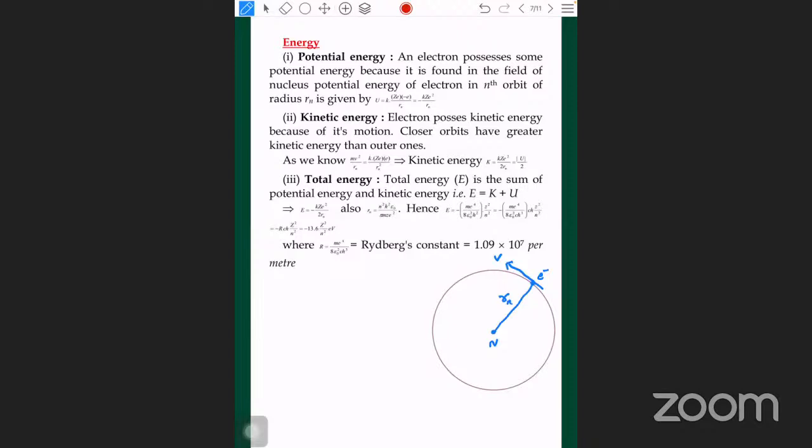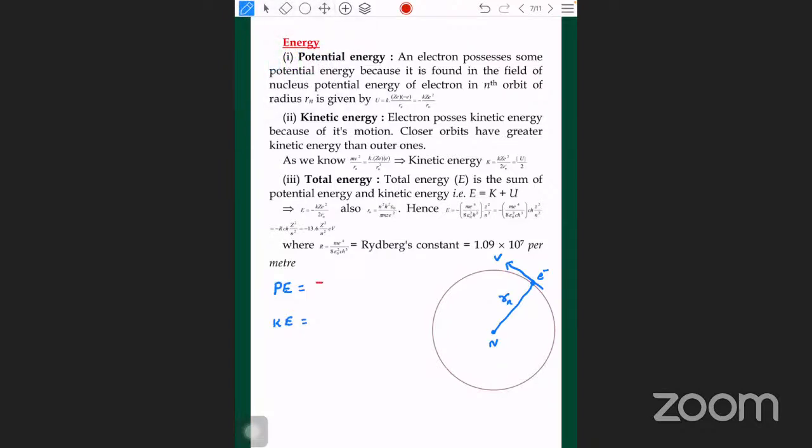Whenever the electron is in the nth orbit, it will possess two energies. One is called the potential energy and the other one is called the kinetic energy. What's the formula for the potential energy?